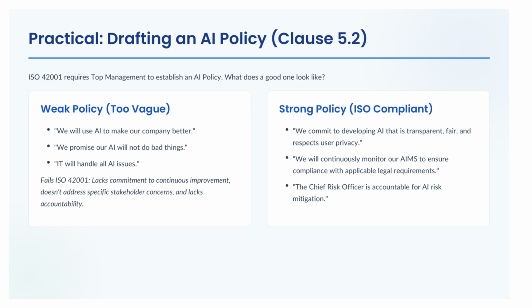Now, who is responsible? We need to give a name. So the Chief Risk Officer, CRO, is accountable. Compare that with "IT will handle all AI risk", which is accountability theater. IT cannot decide whether your lending model is ethical. So the failure mode at the bottom of the weak column is exactly three gaps: no continuous improvement, no stakeholder commitments, and no accountability.